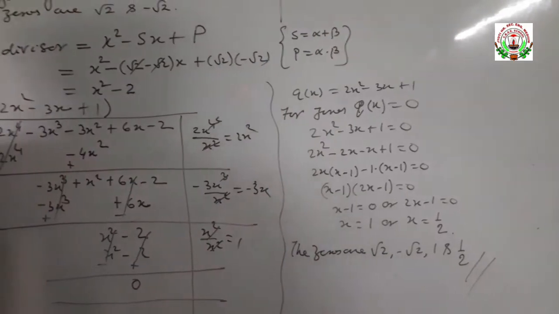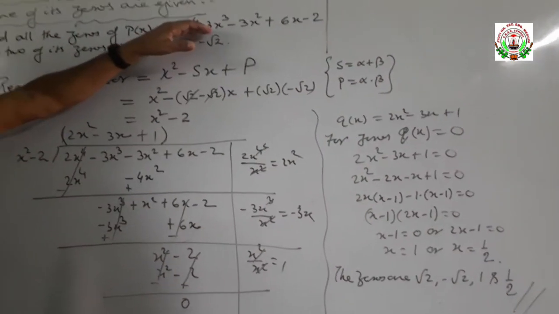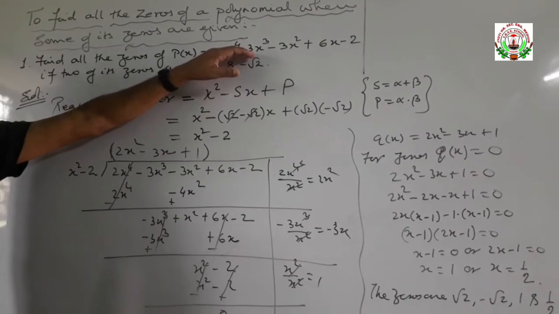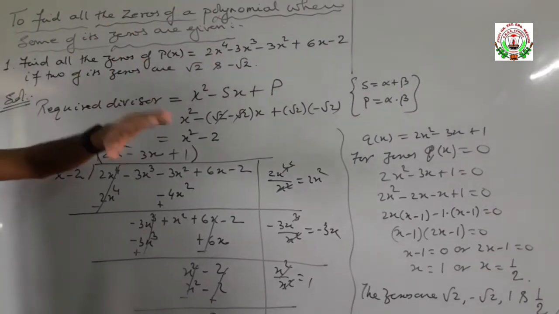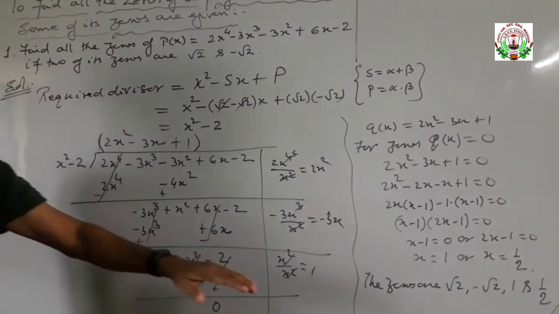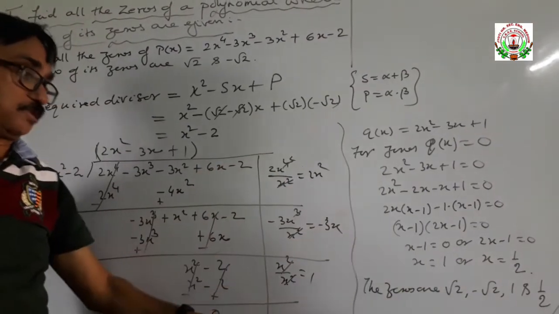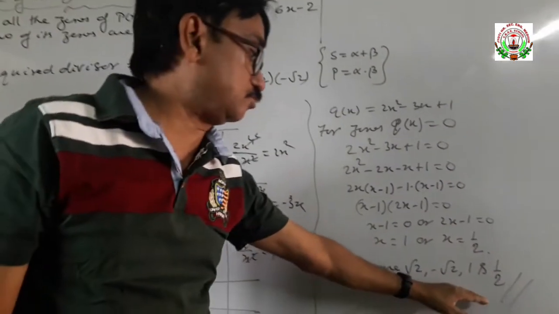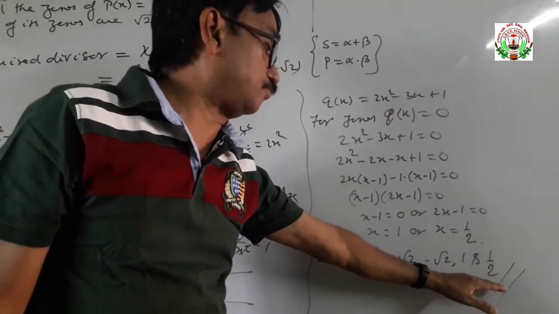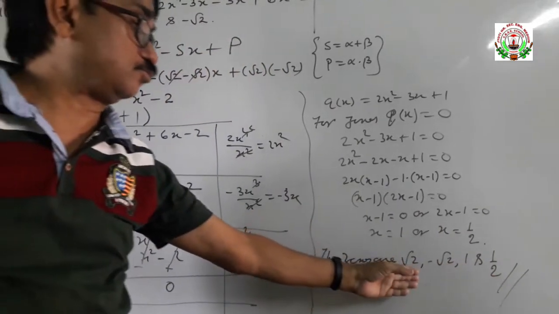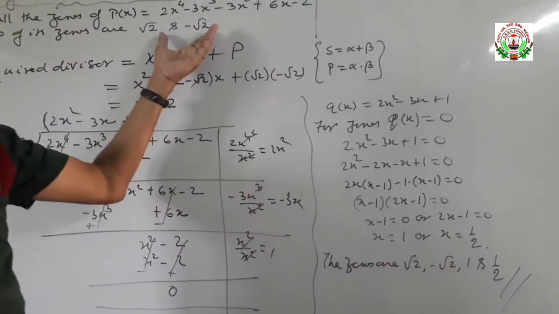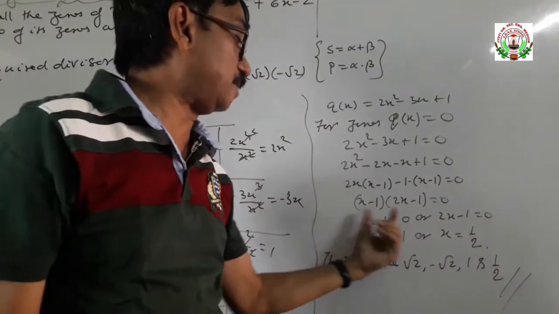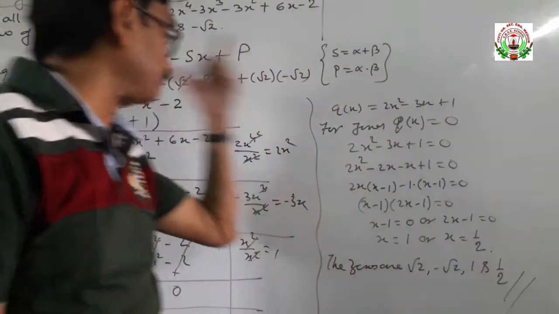As we know that it is a biquadratic polynomial, and I told you earlier that in case of a biquadratic polynomial there will be 4 zeros or roots or solutions. So these are the 4 zeros and 4 solutions: root 2 and minus root 2, which were given earlier in the question itself, and 1 and 1 by 2 that we have calculated.